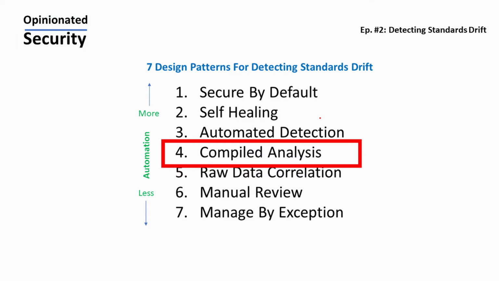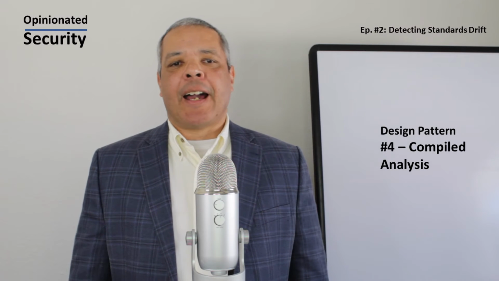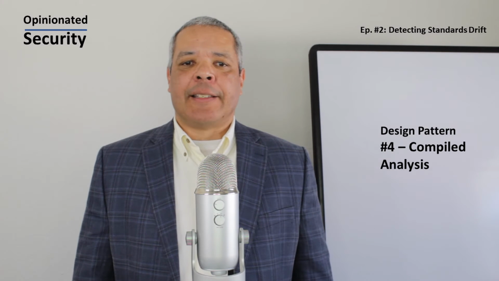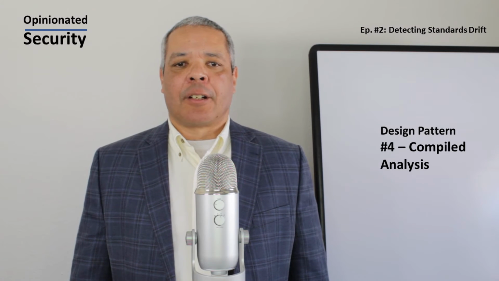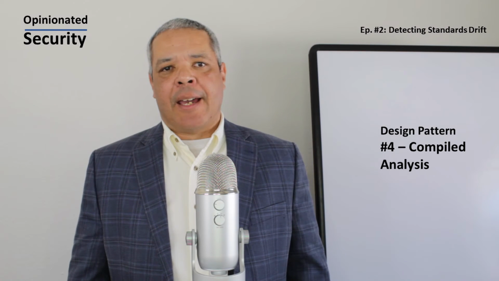Design pattern number 4, compiled analysis. This is what you traditionally think about when you think about metrics and KPIs and KRIs. They can be structured in a way that can help you actually identify when there are issues with standards drift in your organization. And the inputs from this can range from fully automated to fully manual.